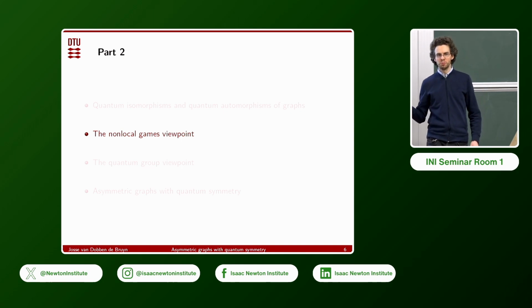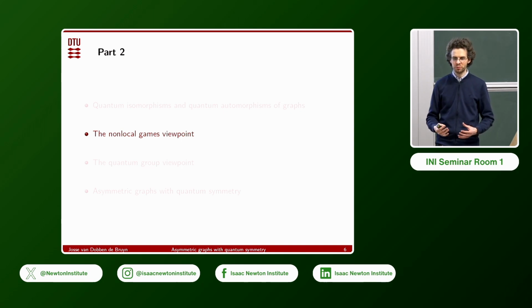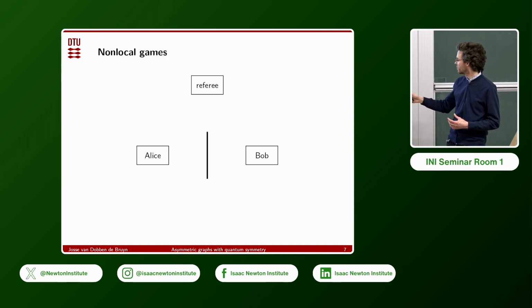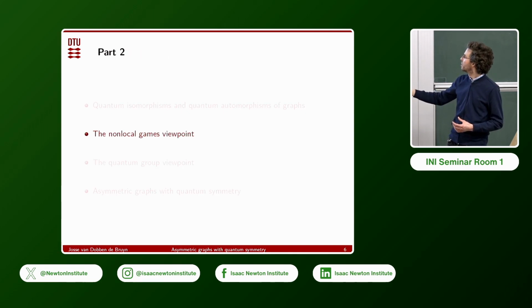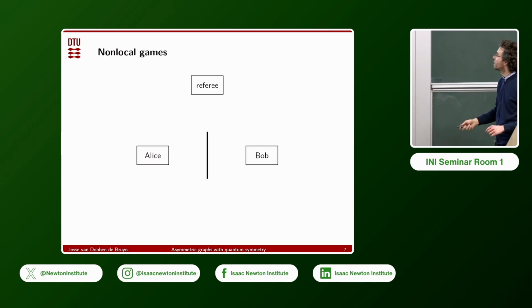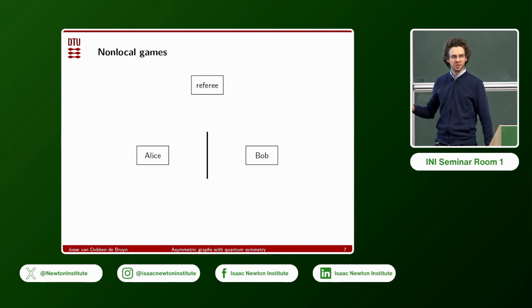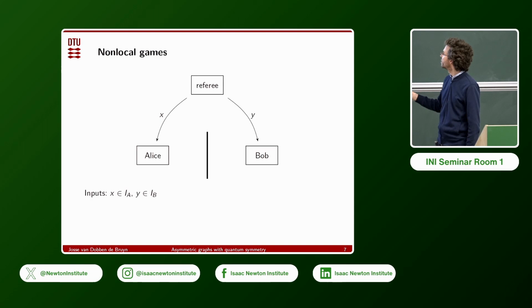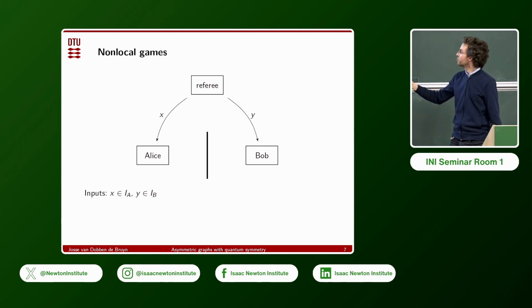So there are two ways to motivate quantum isomorphisms and quantum automorphisms of graphs. One is from non-local games. Sorry, wrong button. And the other one is from quantum groups, and I'll say briefly a few things about both motivations. So, non-local games, we've seen this many times before in the workshop. We have a referee who asks questions to Alice and Bob from some fixed input sets I_A and I_B.